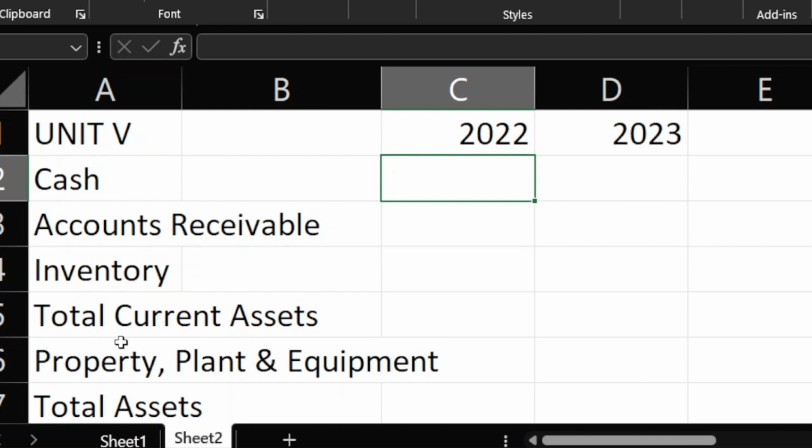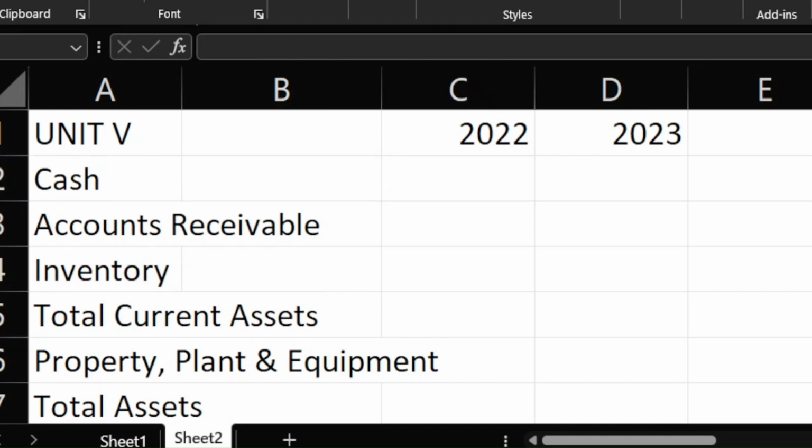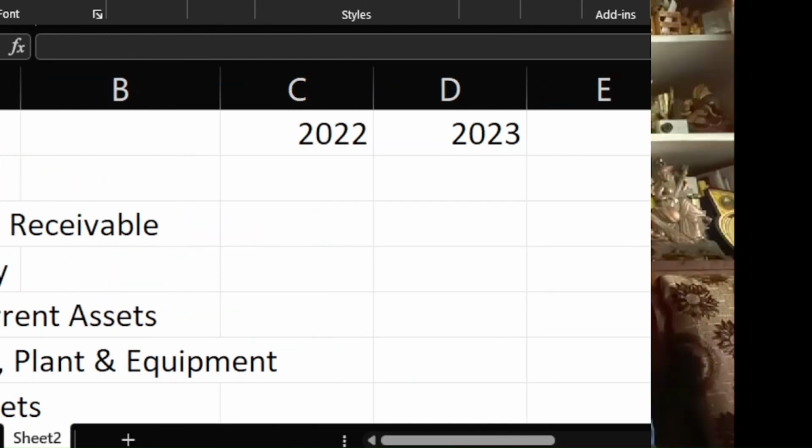Okay, again for 2022 and 2023, for 2 years, we will take some figures for these items and we will see how they are interrelated.